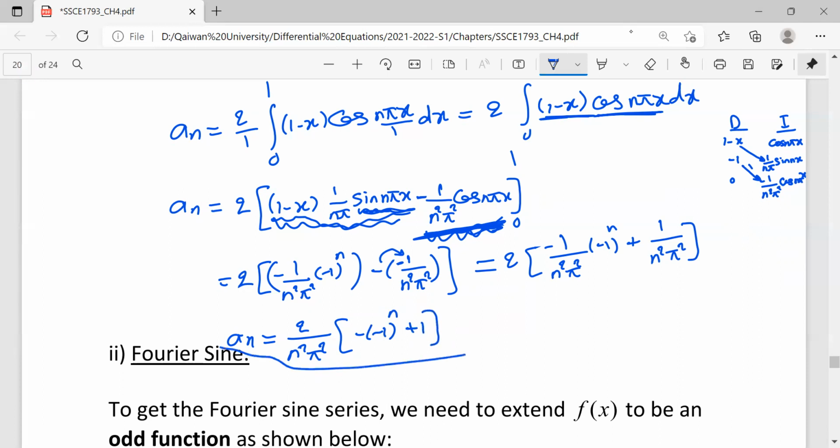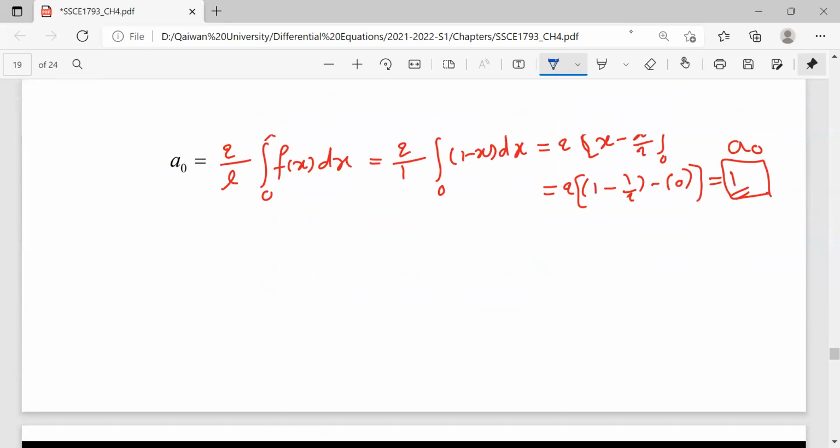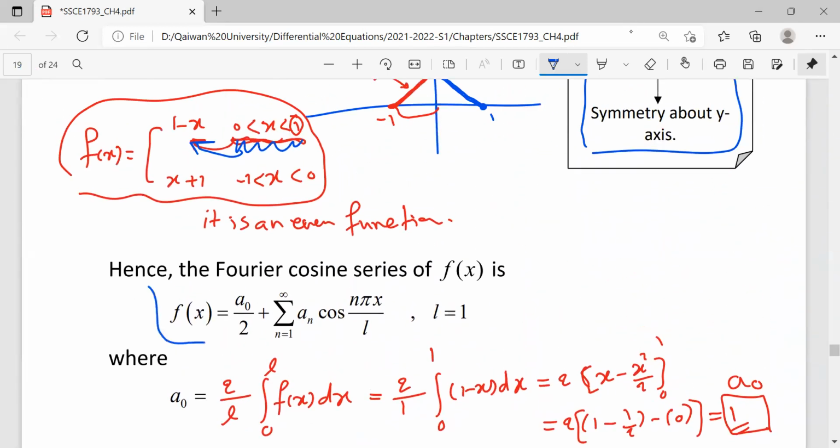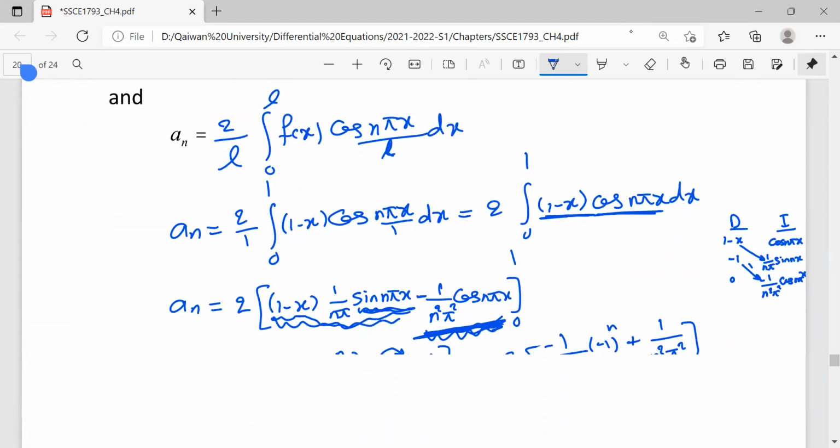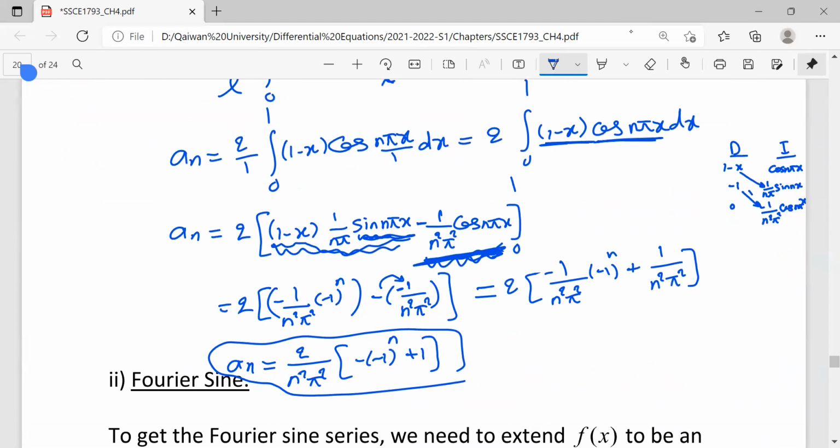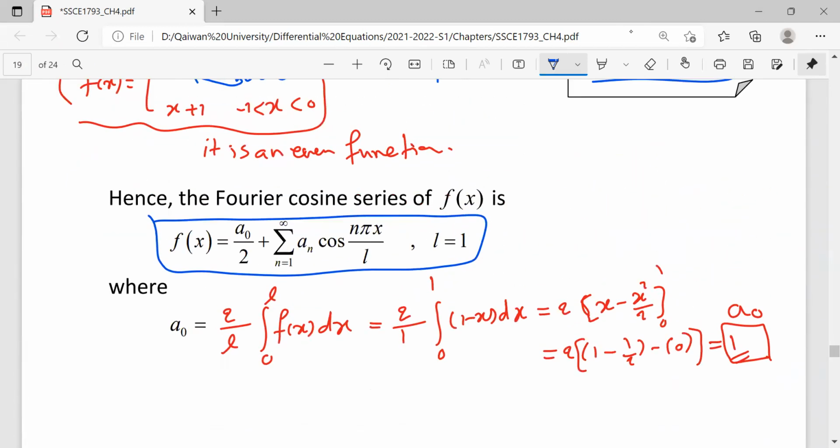This is an. Here we found a naught and an. We plug a naught and an into this formula and we get the result. We said a naught is 1.